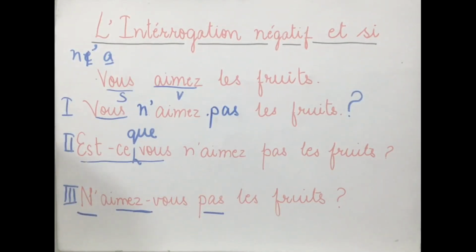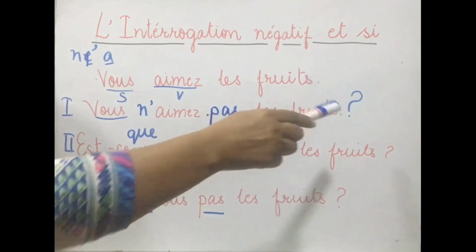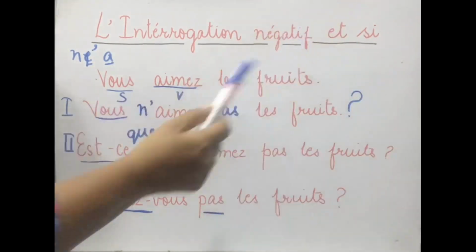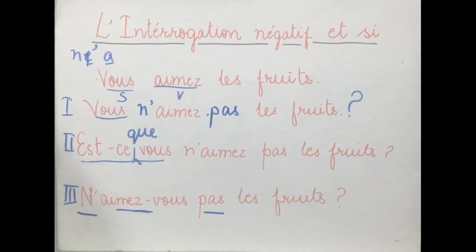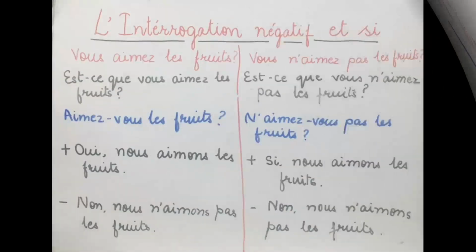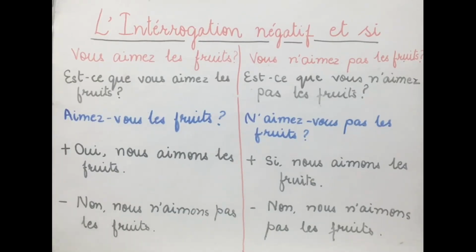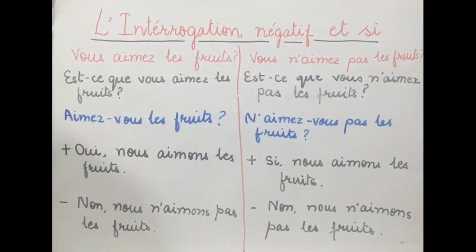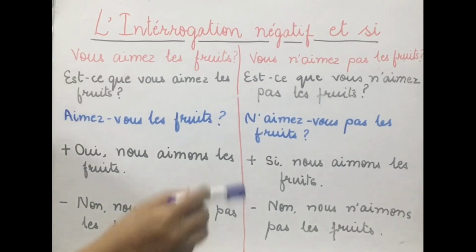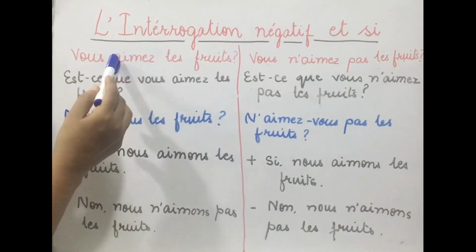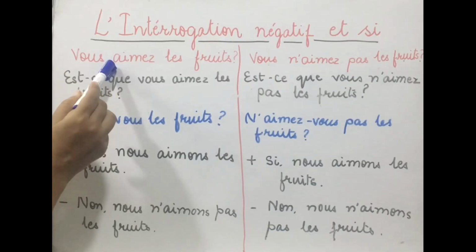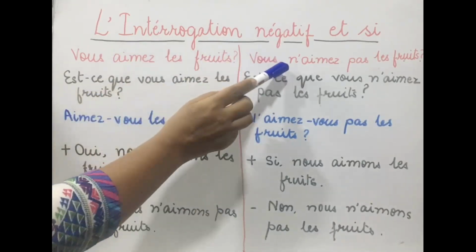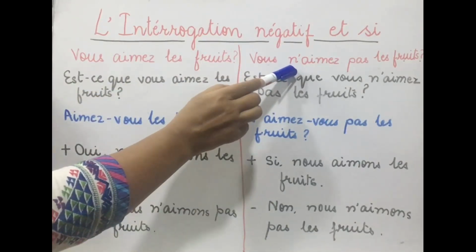Okay, so now we come to our next part, and that is C. Now what is C? I have divided this here, and here we have taken a positive question, positive interrogation, and in this part we will do the negative interrogation.